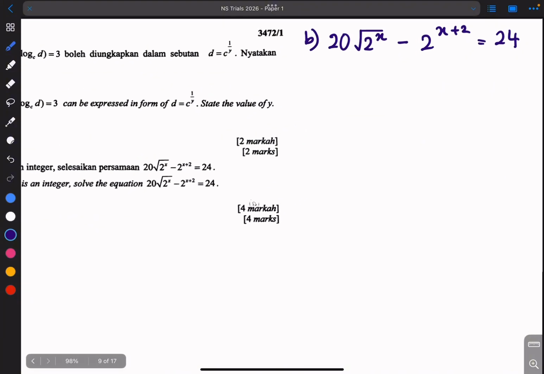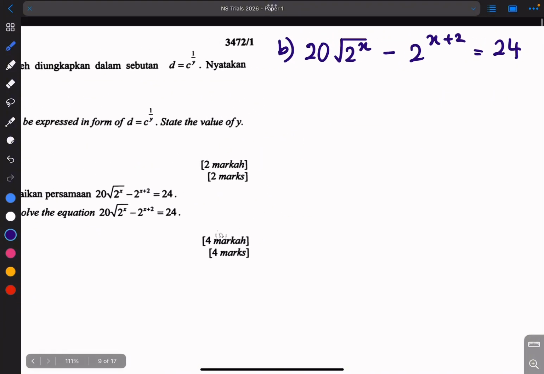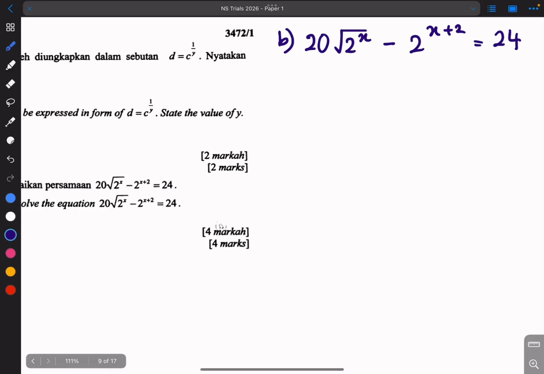Okay, so whenever you have this kind of question, we try to take this out: 2 to the power of x, because we have similar things, so later we can simplify. So this will become 20 times 2 to the power of x, power 1 over 2, because square root is power 1 over 2.